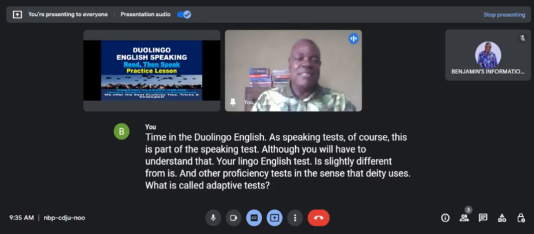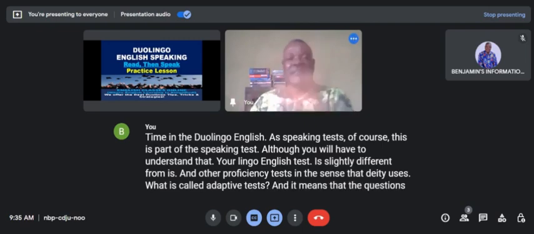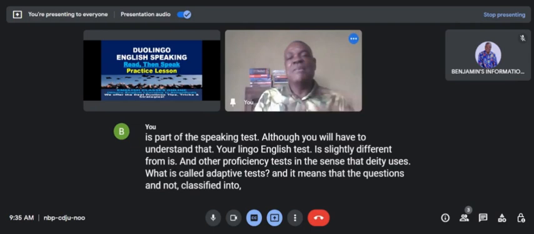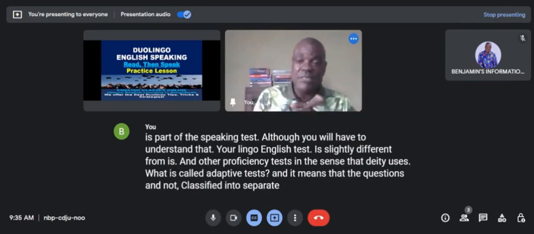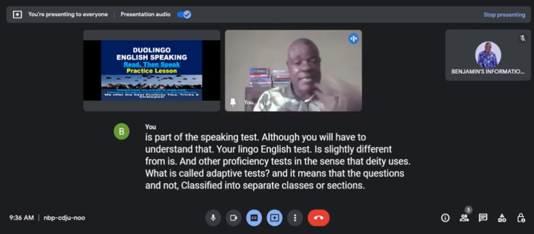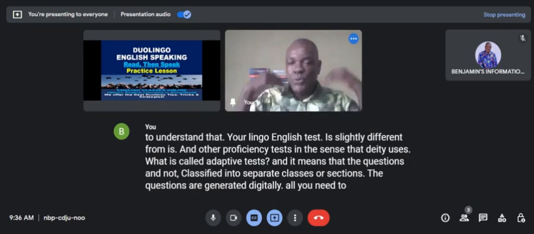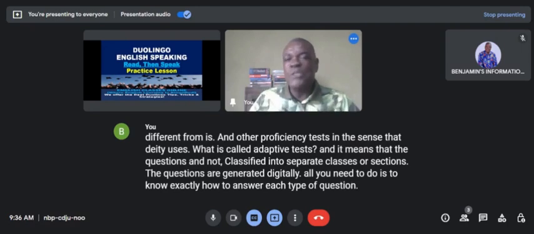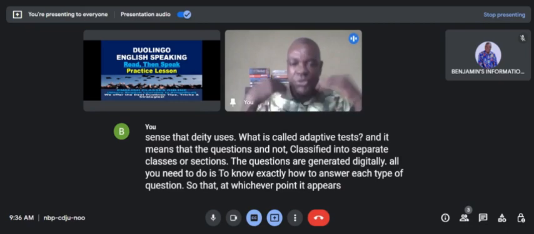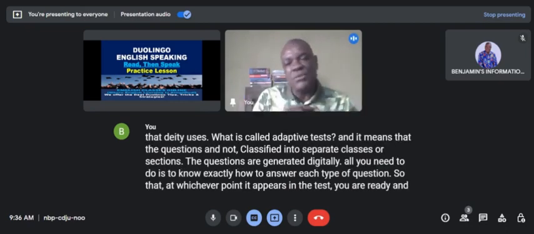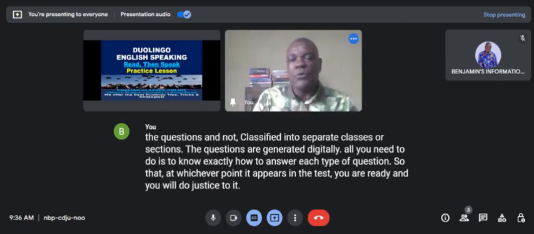And it means that the questions are not classified into separate classes or sections. The questions are generated digitally, and all you need to do is to know exactly how to answer each type of question so that at whichever point it appears in the test, you are ready and you will do justice to it. So that is how it has been in today's lesson.